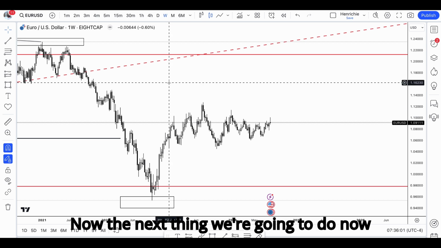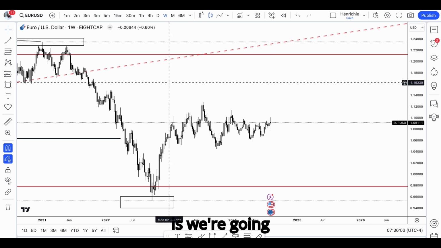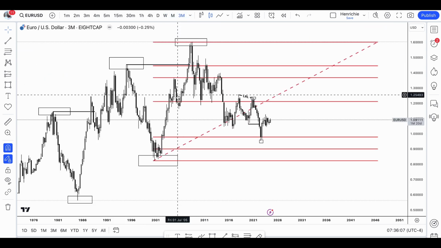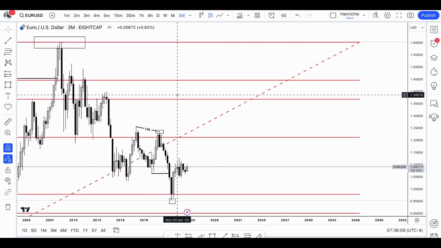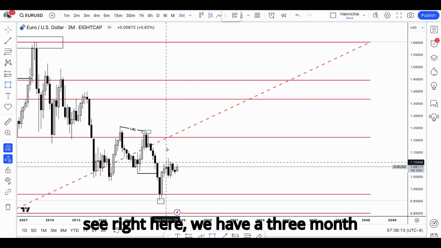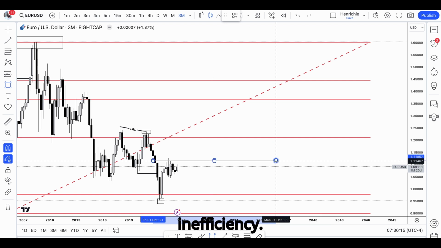Now, the next thing we're going to do is go to the 3-month time frame. Another 3-month time frame, you can see right here, we have a 3-month inefficiency.